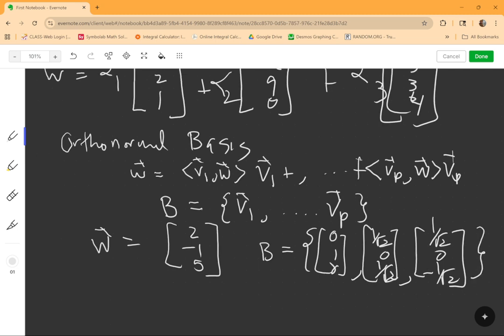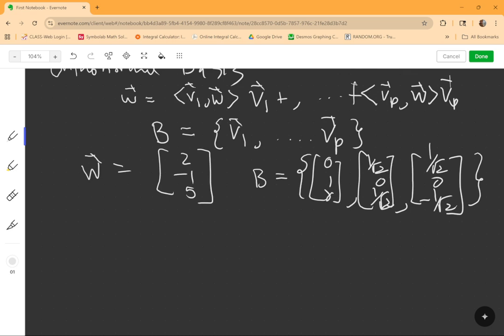Okay, so if I wanted to find the vector representation of W in terms of that basis, I don't need to solve a linear system. What this theorem tells me, this is theorem COB, is that all I have to do is find the inner product of my vector v1 and w.